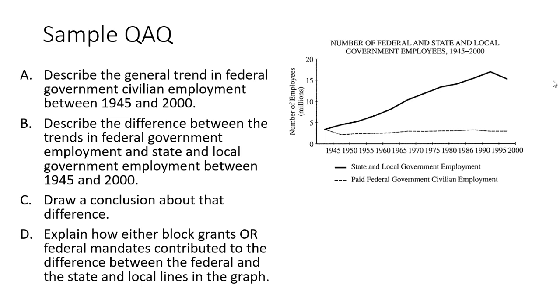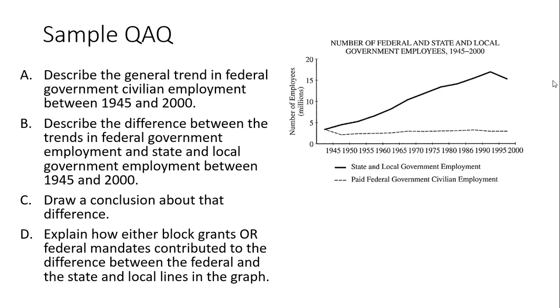It could actually be as simple as: identify the number of federal employees in the year 1970. Here you would have to find 1970, find the line for federal employees. You'd have to be pretty close. You could ballpark it.